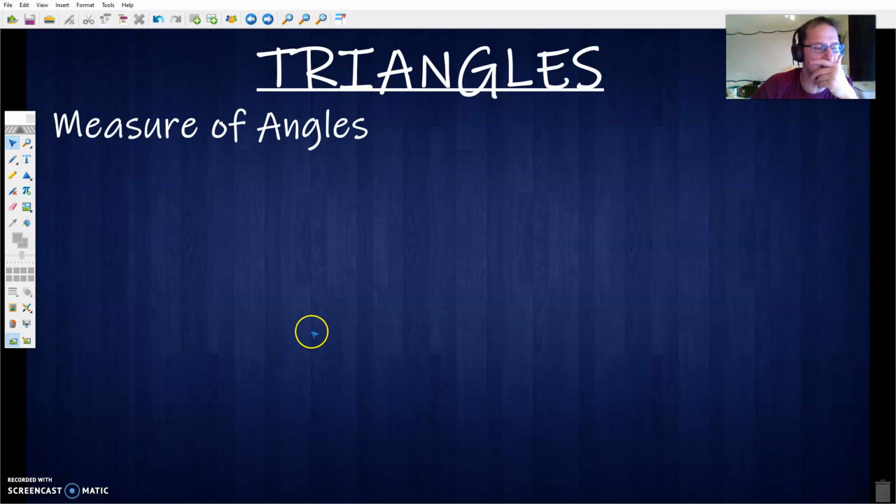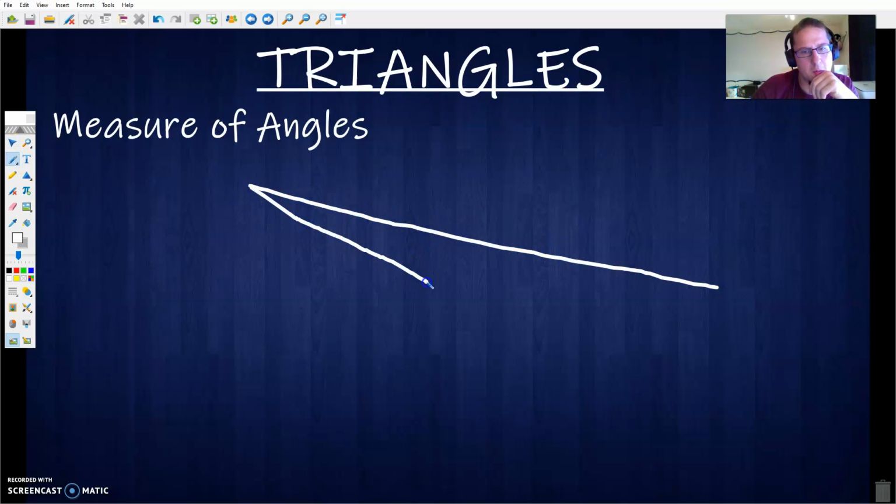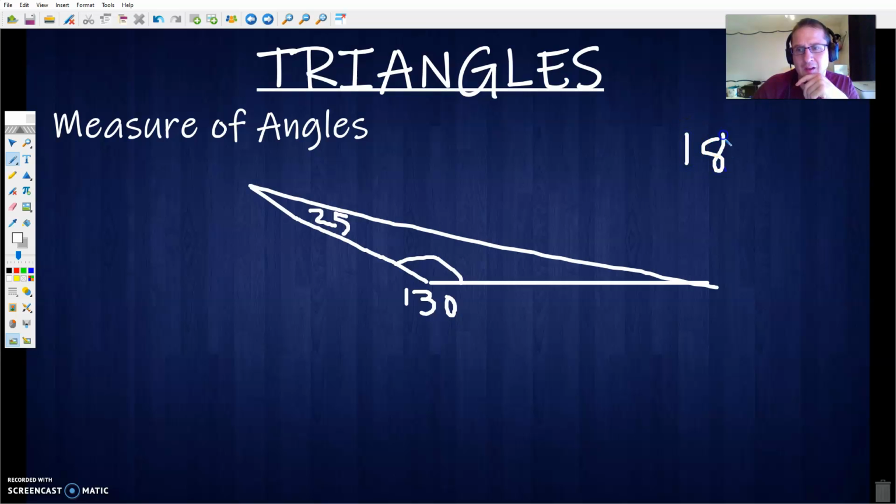So I'm going to do this in such a way that it is possible to have a triangle where maybe this one, let's say, is 130 degrees, and maybe this one is 30 degrees.